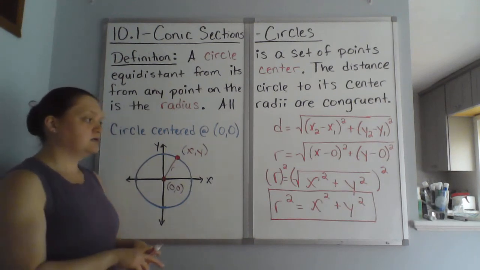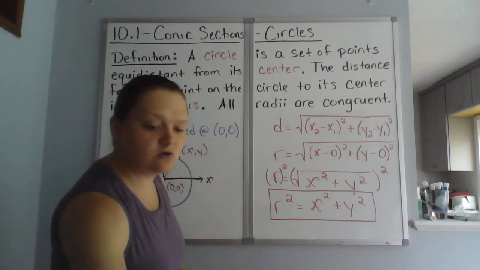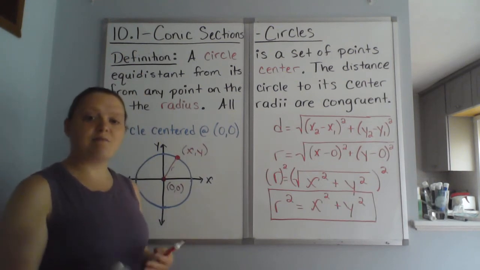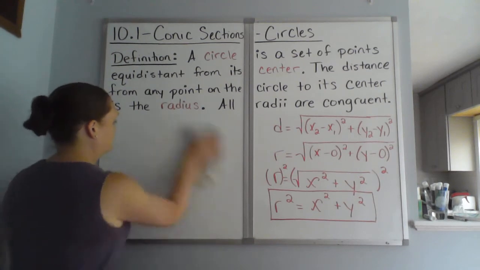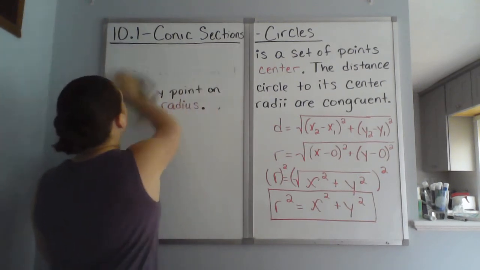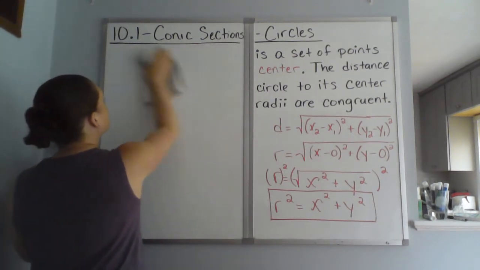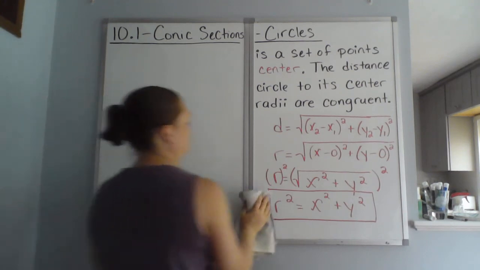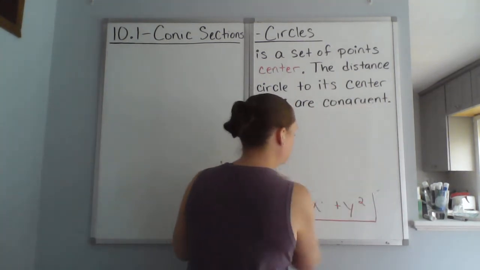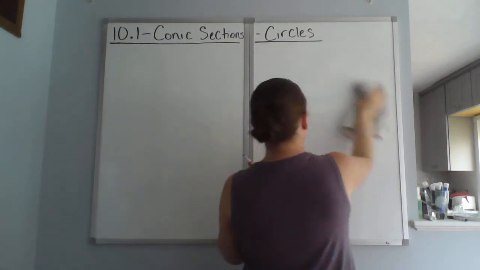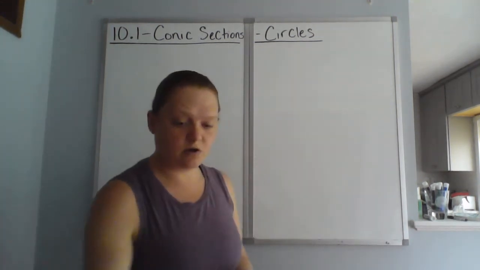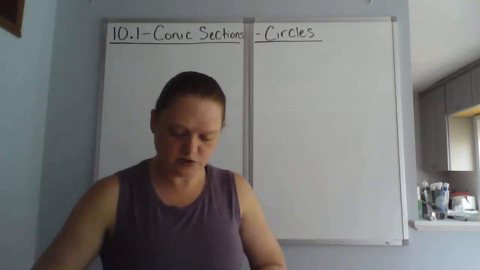Okay, so now if I give you some information, you should be able to write an equation that matches the information given. So let's take a look at that. All right, so for the first one, we are going to be given a point on the circle.